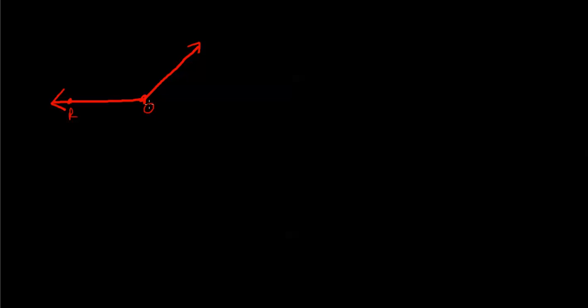So in our diagram, we can see that we have angle RQT, which is made up of angle RQS and SQT. So based on the angle addition postulate, we know that the measure of angle RQS plus the measure of angle TQS equals the measure of angle RQT.